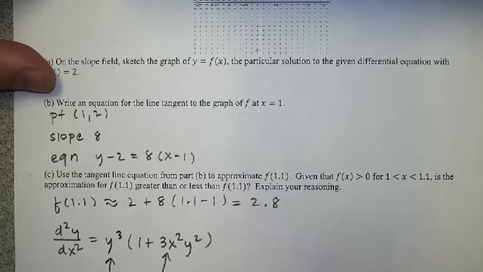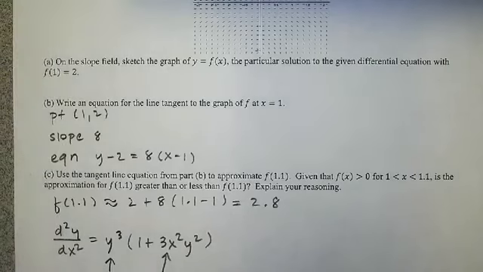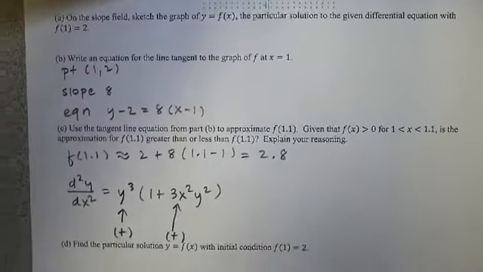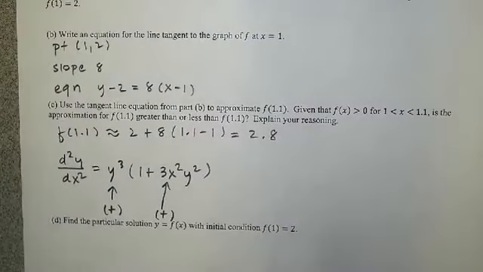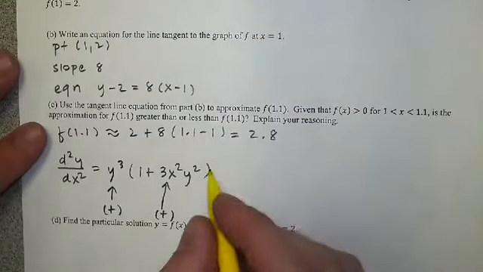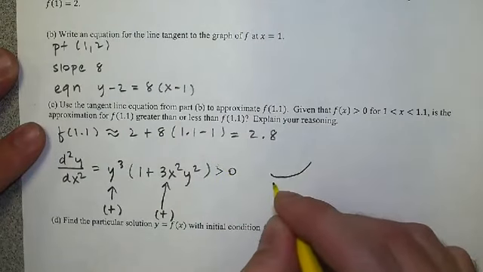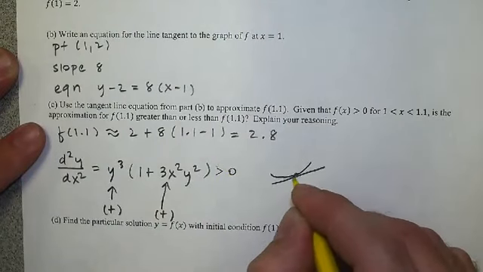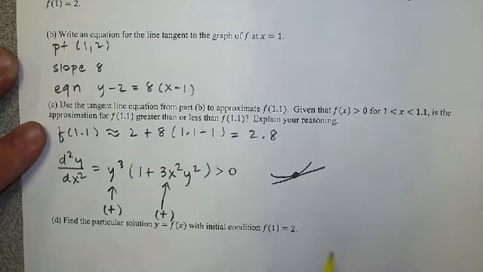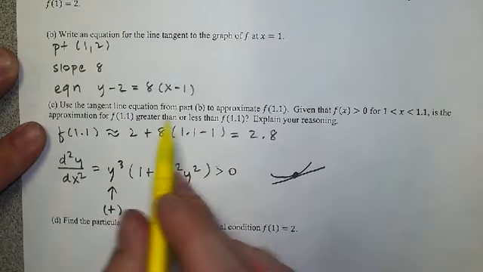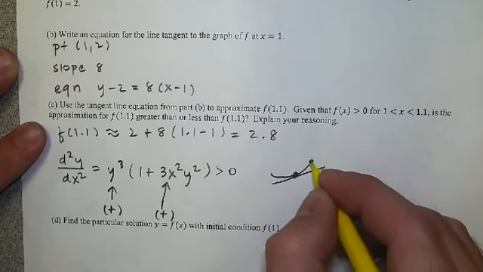Okay, this has to be a positive number also, because if you square x and square y, those are both positive numbers. You triple it, that's even more positive, and you add 1, it's definitely positive. So this is going to be greater than 0. So since it's concave up, maybe we've got this type of tangent line scenario, and the approximation is less than the actual value of f of 1.1, right?